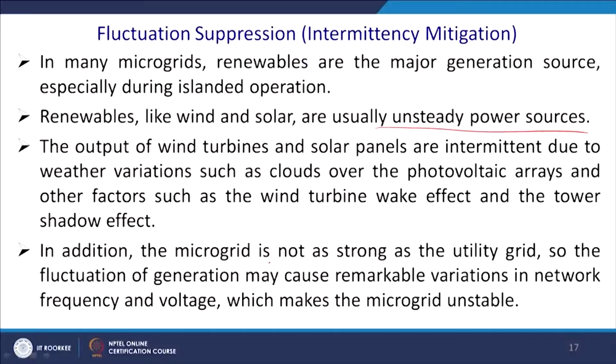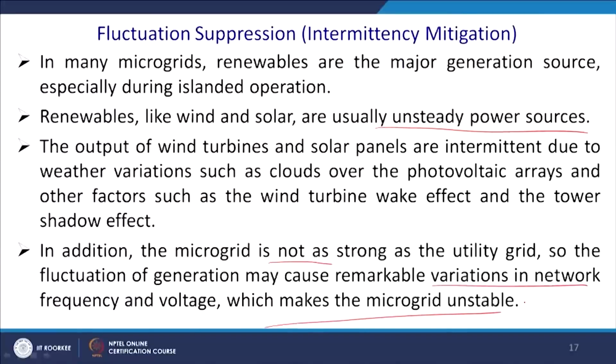In addition, a microgrid is not so strong like a utility grid, and inertia is less. So, the fluctuation of generation may cause remarkable variation in the network frequency and voltages in case of the AC microgrid, and the voltages in case of the DC microgrid, and thus it makes the microgrid unstable.